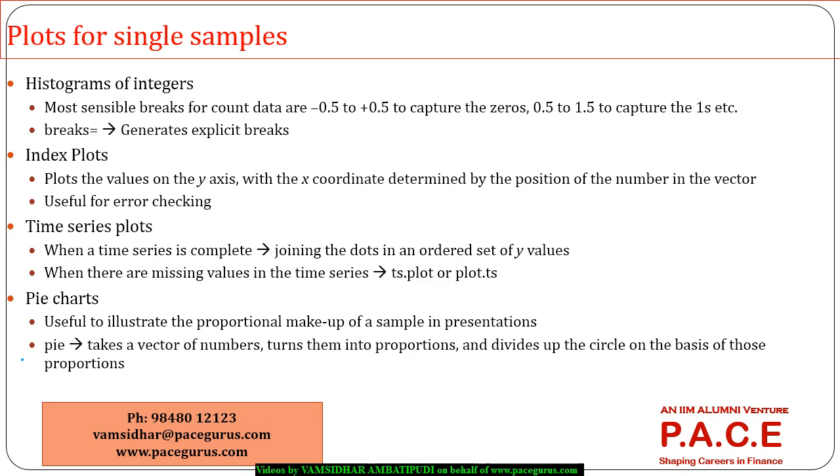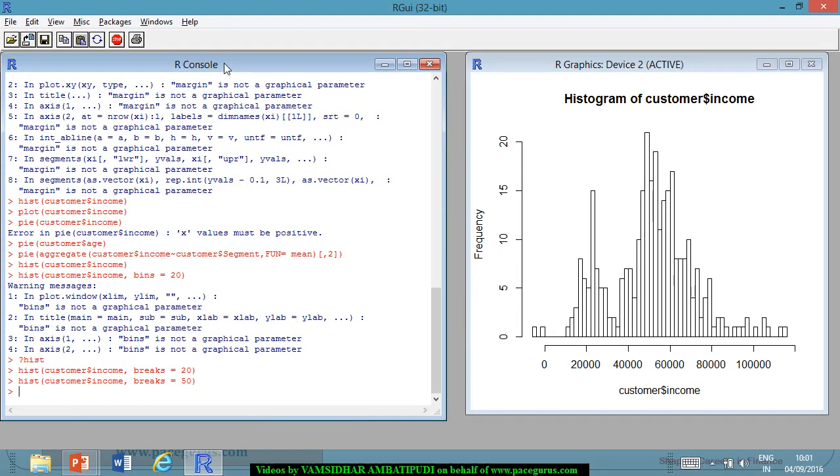Especially if I am talking of integers, I can very well set my breaks. We have already seen how to set the breaks. Breaks equal to something, I can set all the different kinds of explicit breaks. We have seen breaks could be set as a single number, or the other way of setting the breaks is to have the breaks from something to something.